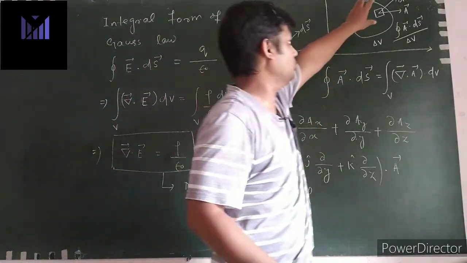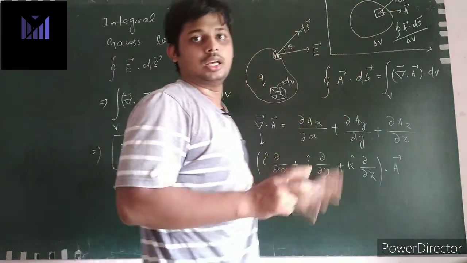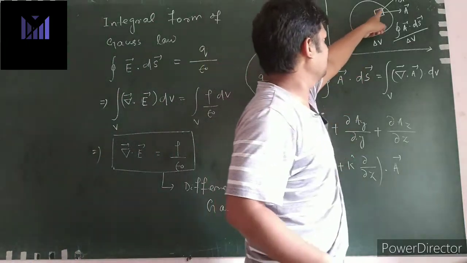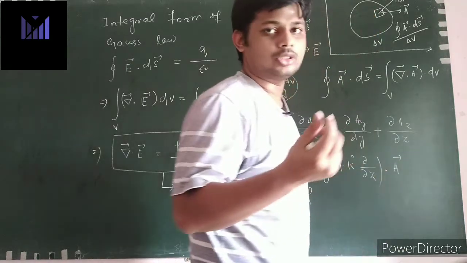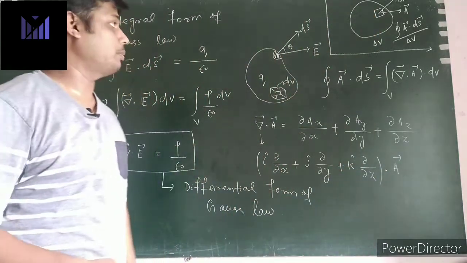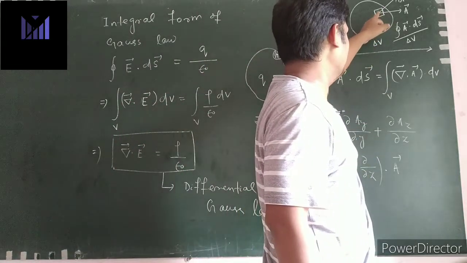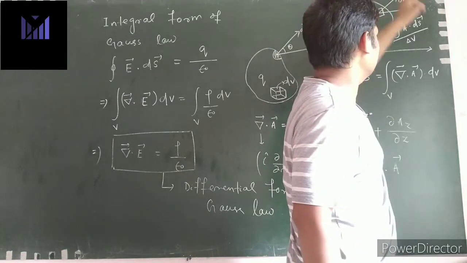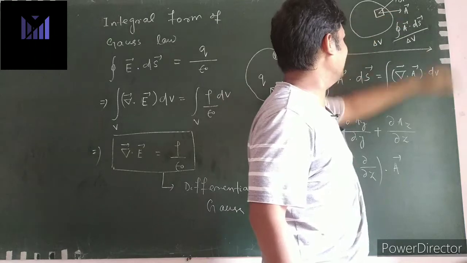First we take a small volume, and that small volume must be enclosed by a closed surface. Here this rectangular surface is a small surface element of that closed surface, and its surface vector is directed in this direction, and any arbitrary vector A is directed in this direction.